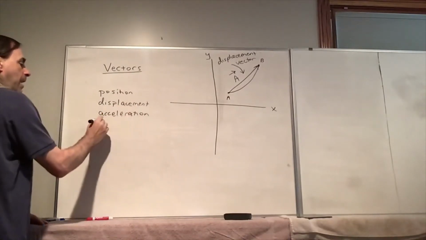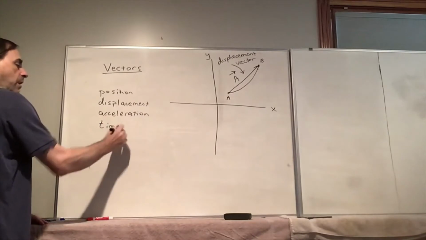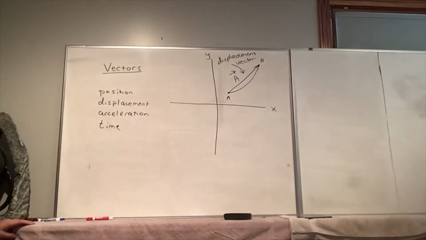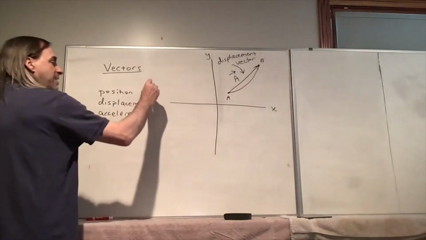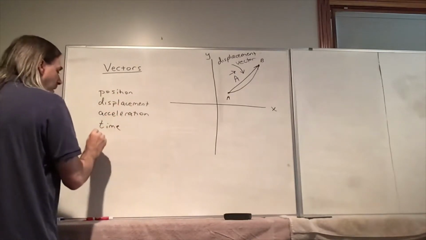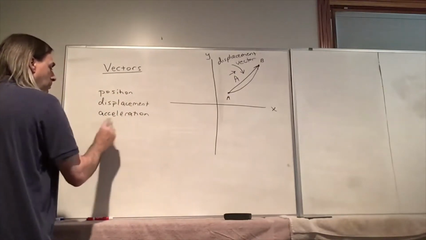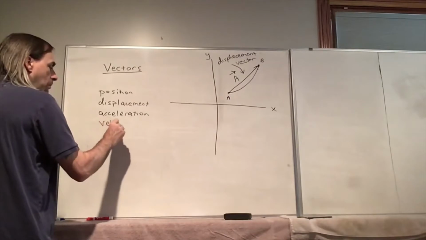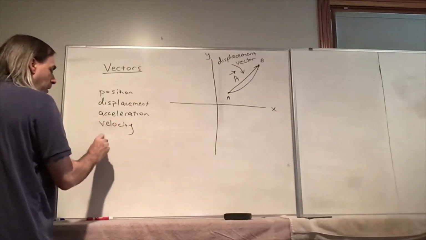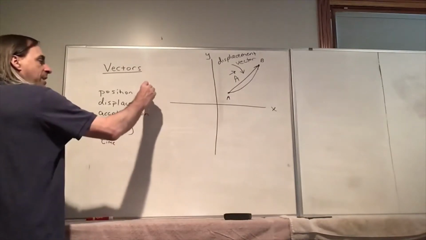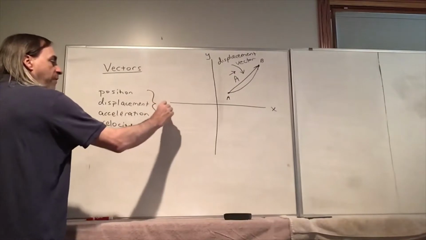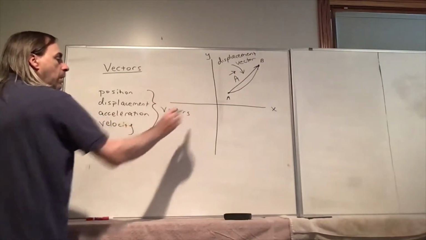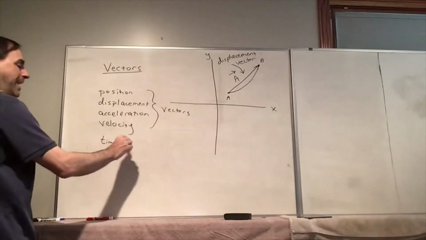You can say time because all these are functions of time. And so far, these 3, I forgot velocity somehow. And then I'll put time here. So out of these things, these are all vectors. And time is something called a scalar.